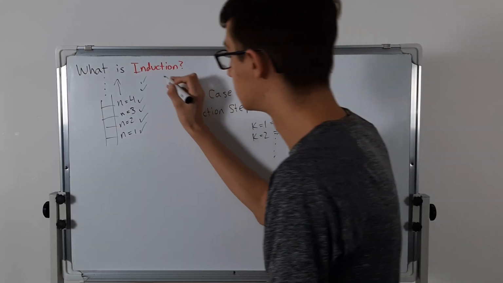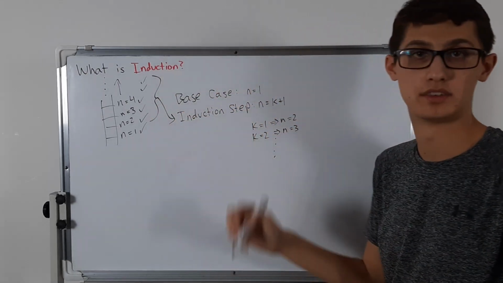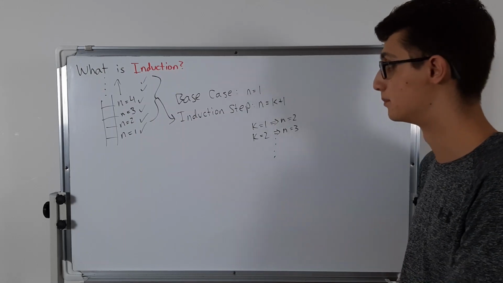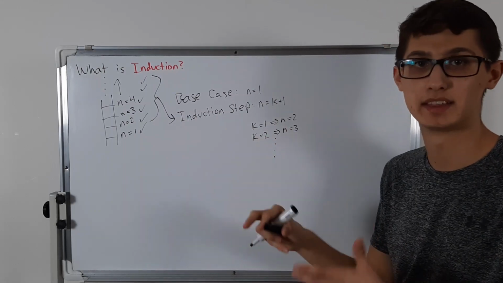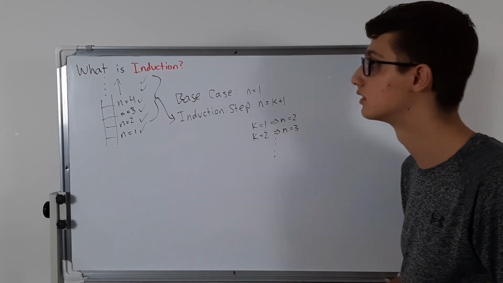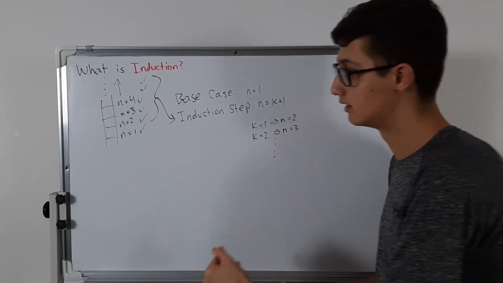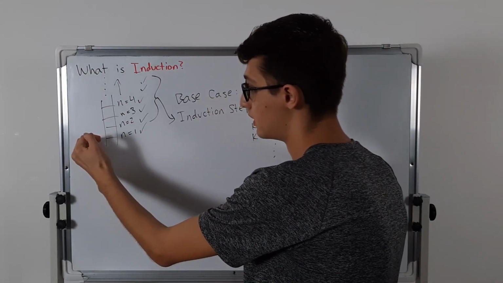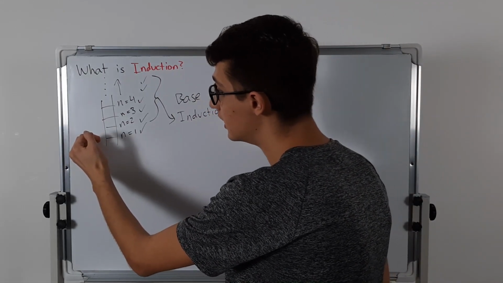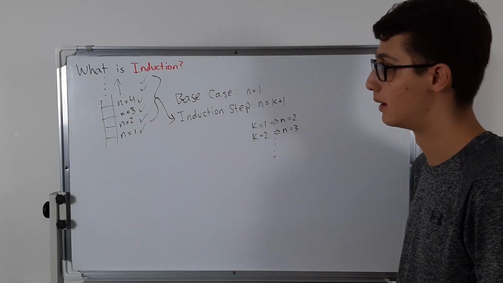Now, all of this can be done with just one step, the induction step. And again, that assumption that we make, that n equals k, is usually referred to as the induction hypothesis. So basically the idea is, we get on this first step, and then it allows us to knock all the dominoes over. I guess you could think of it that way as well.